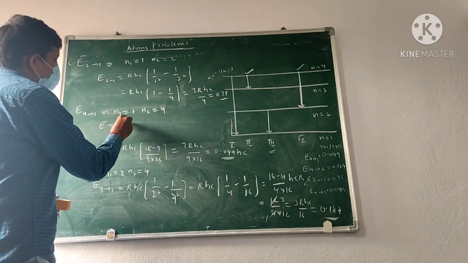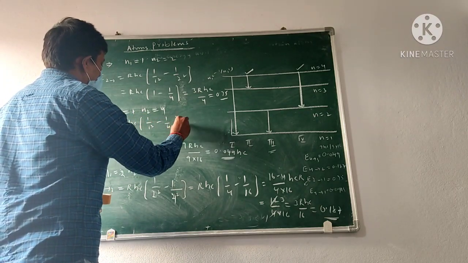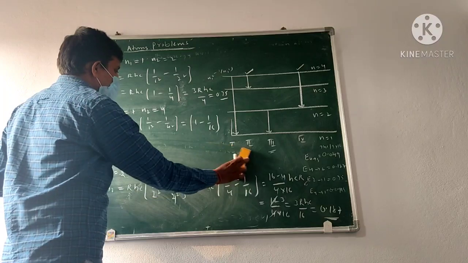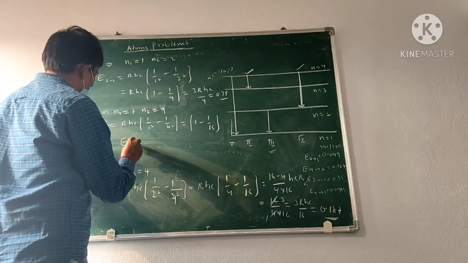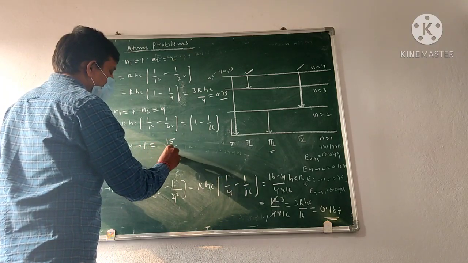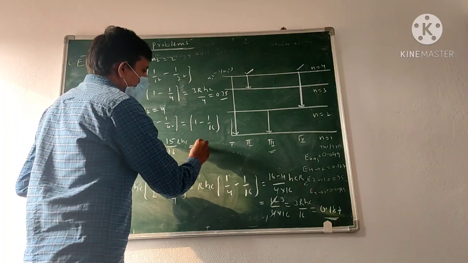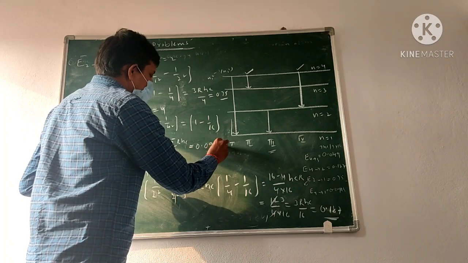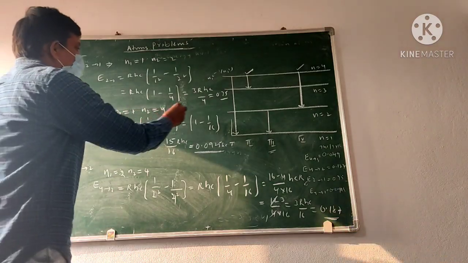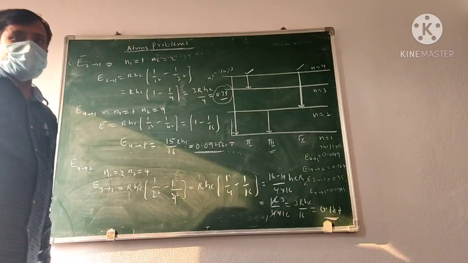By using this relation, RHC (1/1² − 1/4²) is equal to RHC (1 − 1/16), so E(4→1) is 15/16 RHC, which is 0.9375 HC.